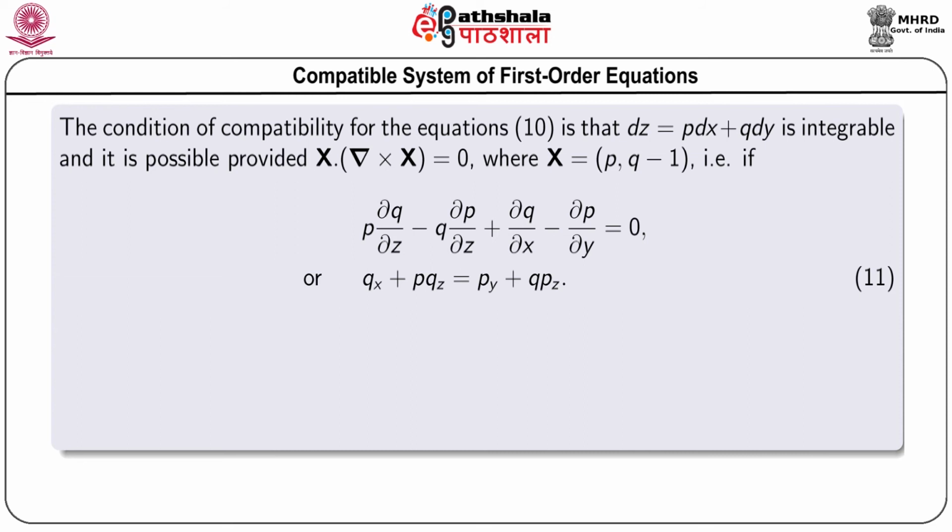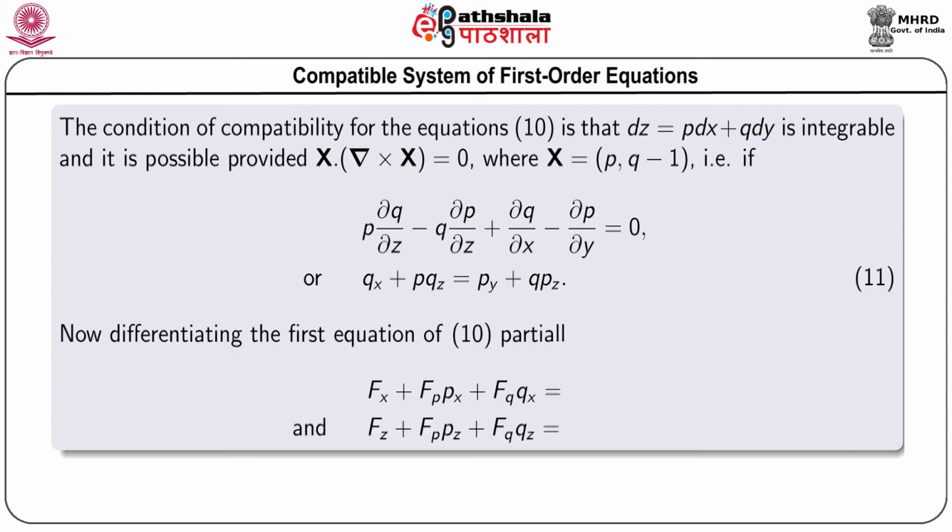That is, if P into del Q by del z minus Q into del P by del z plus del Q by del x minus del P by del y is equal to 0, or in other words, we can write the relation in the form Qx plus P Qz equals Py plus Q Pz.